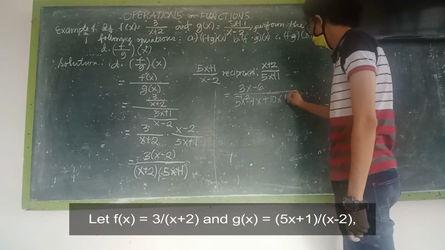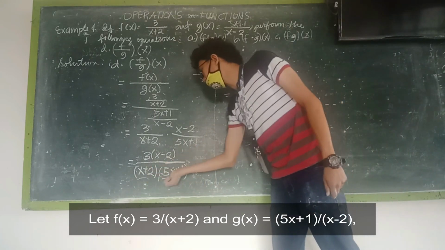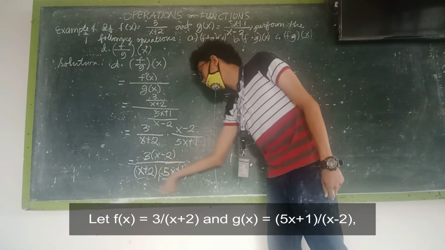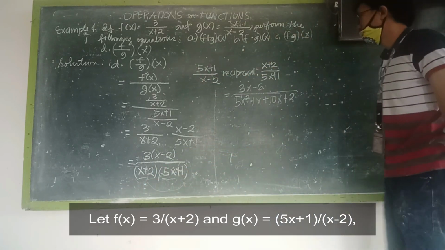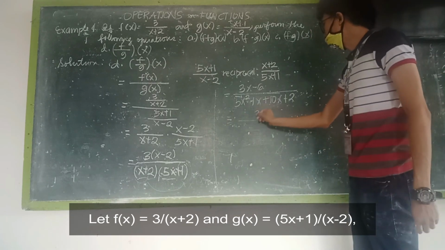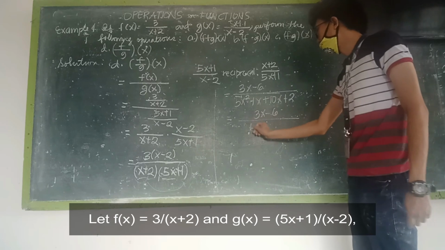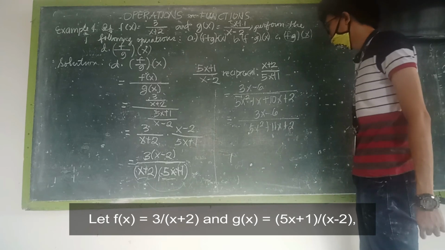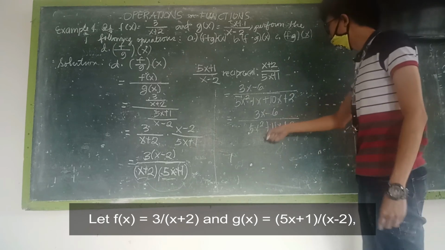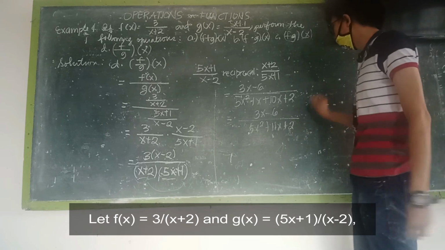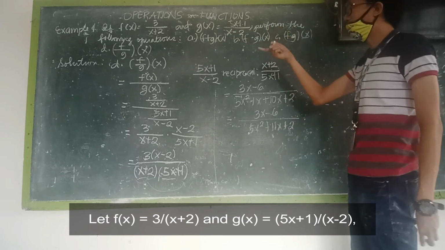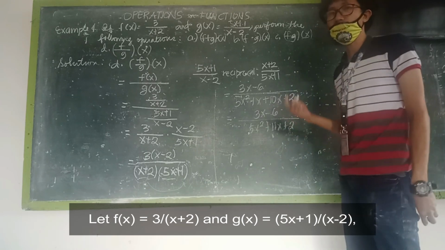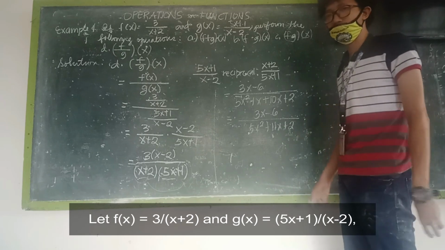Then, 2 times 1 is 2. We use the FOIL method: first, then outer, then inner, and then last. So, i-combine na lang natin sa baba. We have 3x minus 6 all over 5x squared plus 11x plus 2. Since hindi naman factor ng 5x squared plus 11x plus 2 ang 3x minus 6, we can conclude that the answer for f over g of x is equal to 3x minus 6 all over 5x squared plus 11x plus 2.